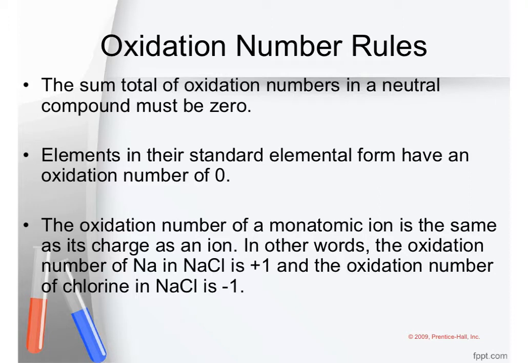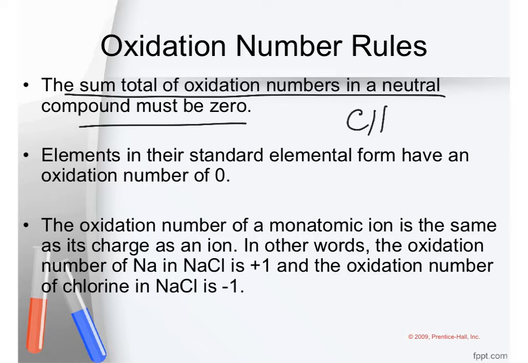The first rule is when you finish assigning oxidation numbers in a compound, let's just randomly take methane, natural gas, the oxidation numbers must add up to be the charge of the compound. So this is a neutral compound, right? There's no overall charge.